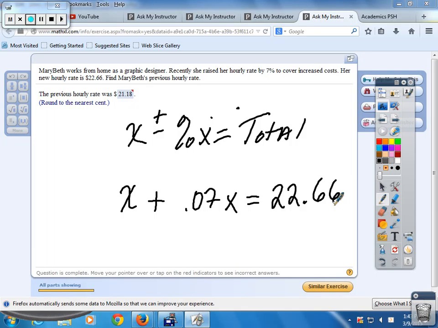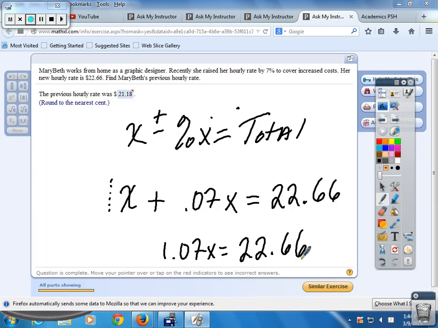Now, if a shirt is raised 7%, and this is the final cost of that shirt, what's your original answer going to be compared to $22.66? More or less. 1.07x is equal to 22.66.